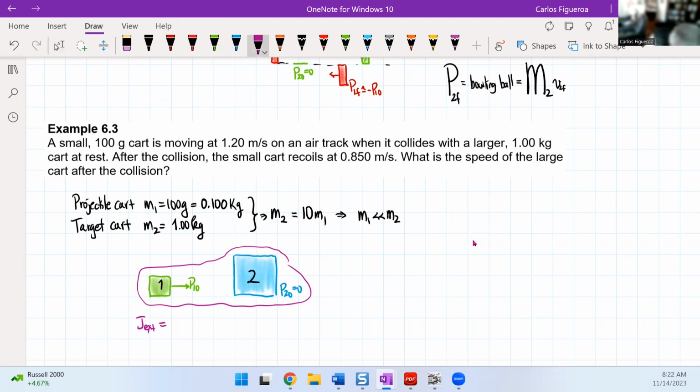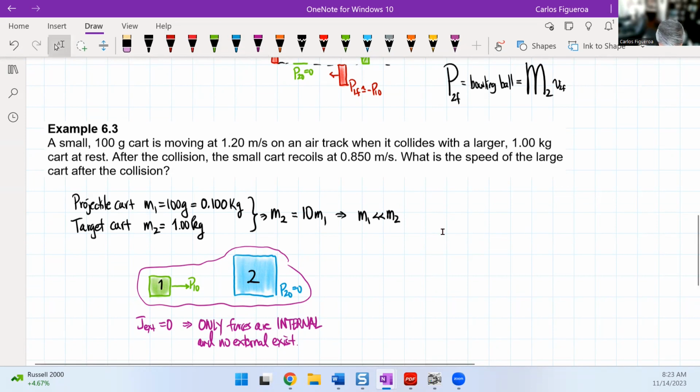So the impulse equals 0 implies that the only forces are internal and no external forces exist. Therefore, the momentum must be conserved.